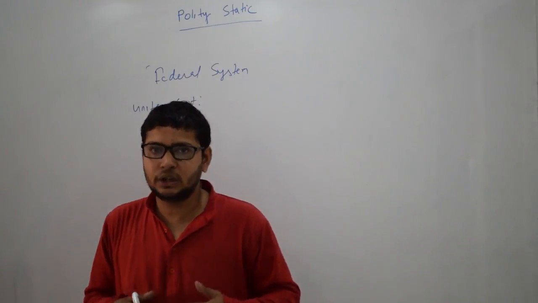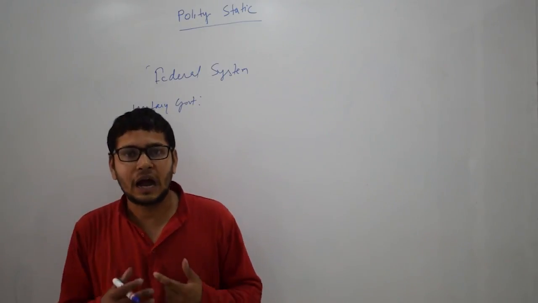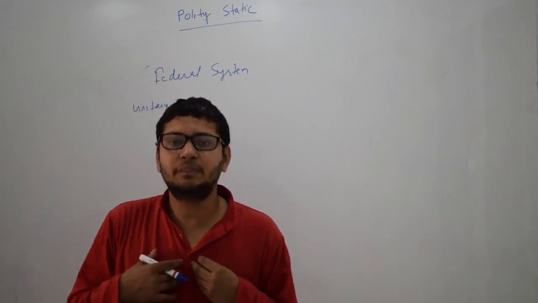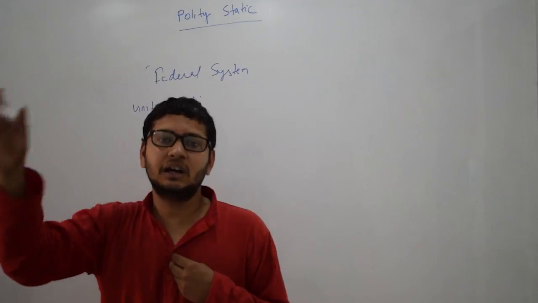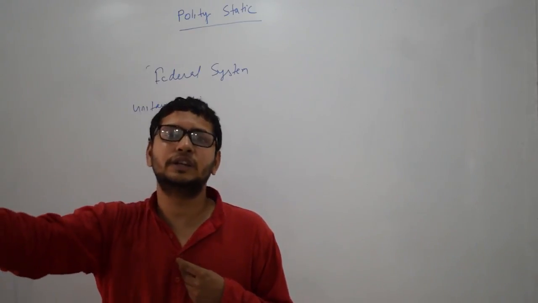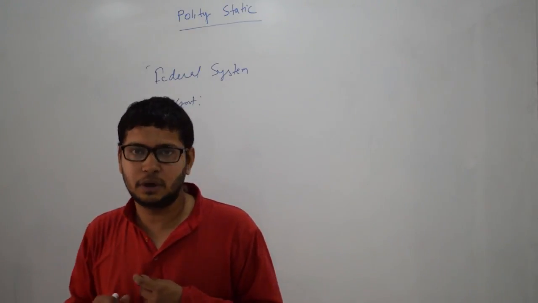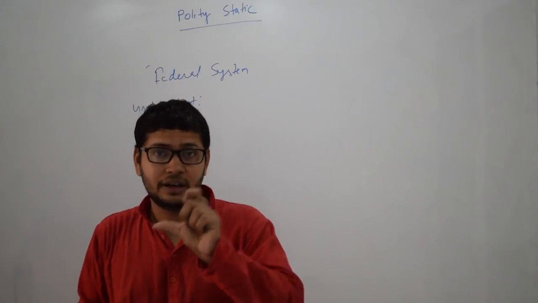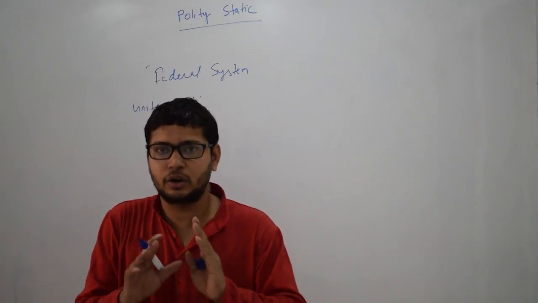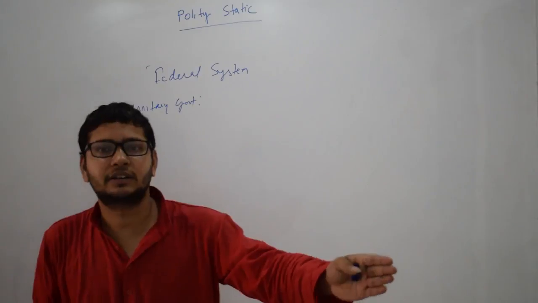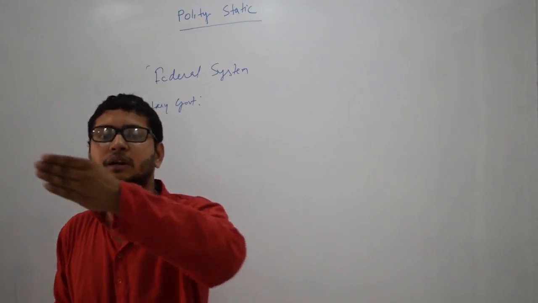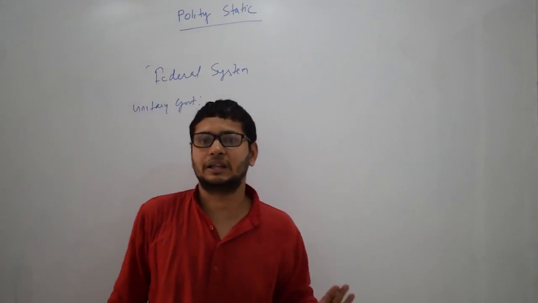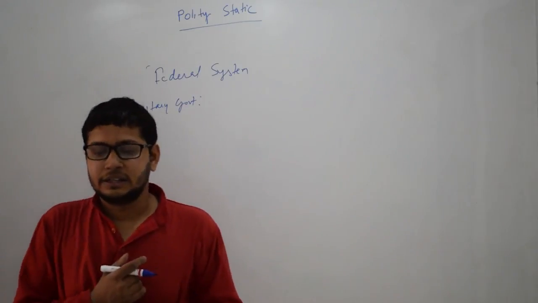But the lower set of government do not have their original powers. They derive their power from the central government. The central government tells them, okay, we are giving you these powers, you have to exercise these powers. But it's not written in the constitution that certain lists are given to the central, some are given to the state, and some are given to the local government. It's not like that, right?